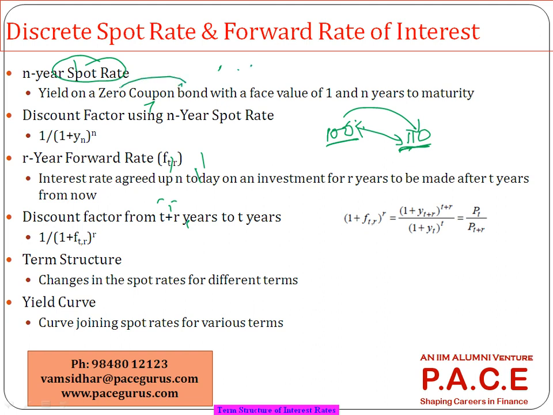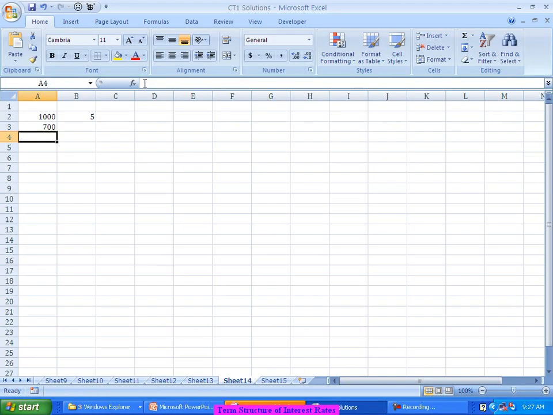Typically, the word spot rate is generally associated with any zero coupon bond. Even if it is a coupon bond, we may have to convert it into a zero coupon bond. There are various mechanisms to do that. So whatever interest rate is available on this zero coupon bond of this kind of risk is what we call the N-year spot rate. How do I find the N-year spot rate using compounding?